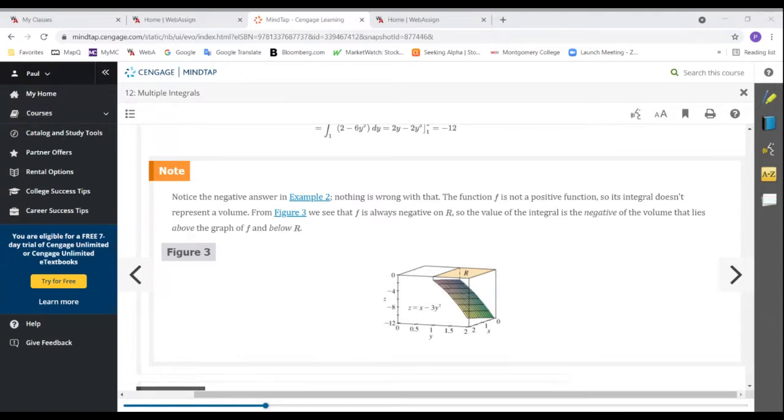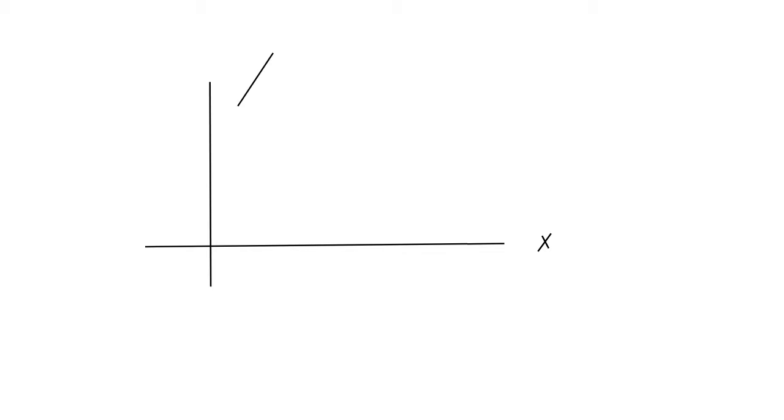This is why I'm doing this lecture a little more discussion-style. So let's say, in calculus 1, here's a and here's b.